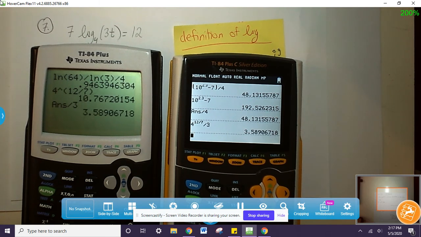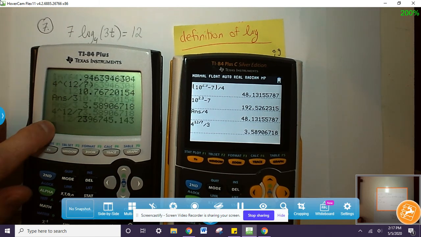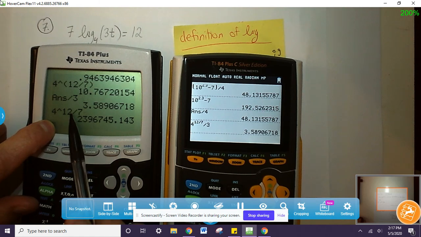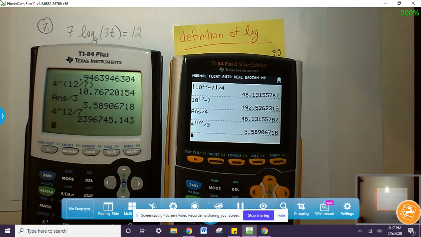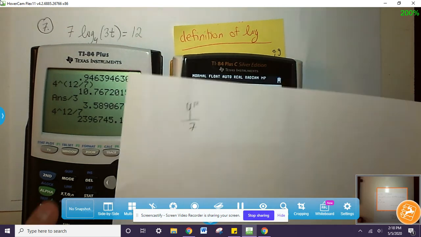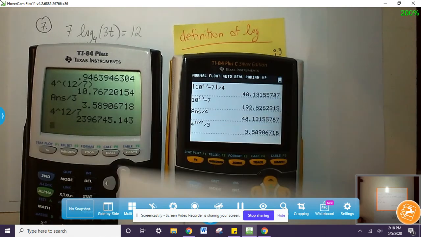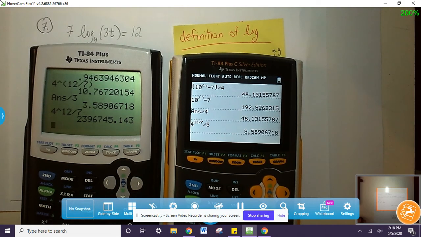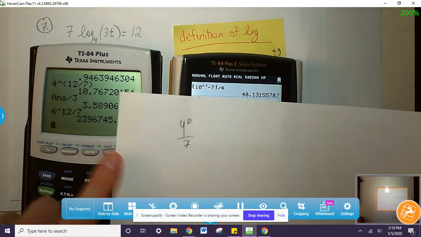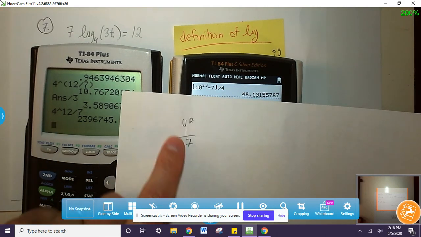Same answer. If you don't use the parentheses when you do 4 to the 12/7, you're telling the calculator to do 4 to the 12th and then divide by 7. So if you don't put parentheses around the exponent with the older graphing calculators, you're saying to the calculator, do 4 to the 12th and divide that result by 7.